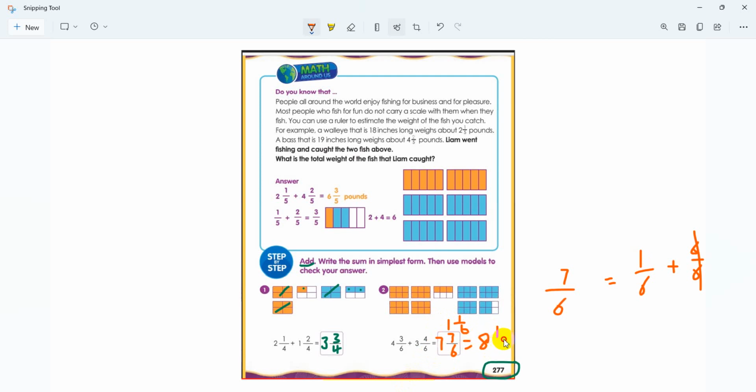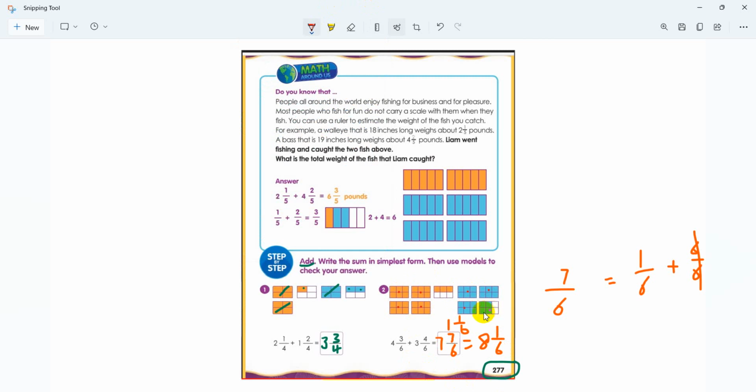And then, like that. Let's check our answer from the shapes, from the models. Here is 1 fully shaded, 2 fully shaded, 3, 4, 5, 6, 7 fully shaded.